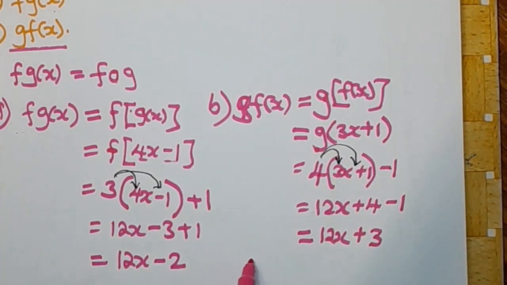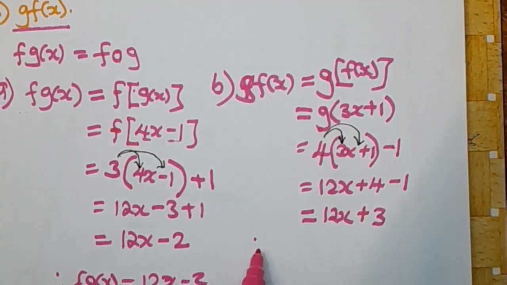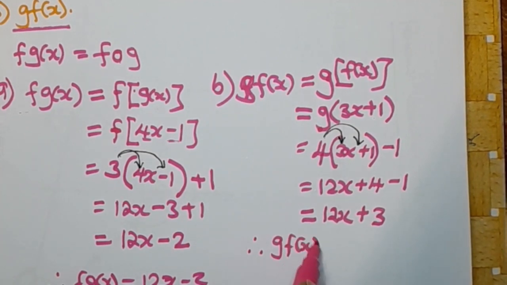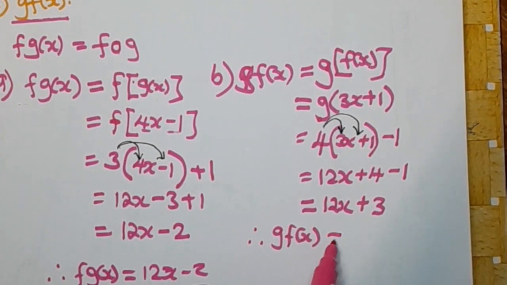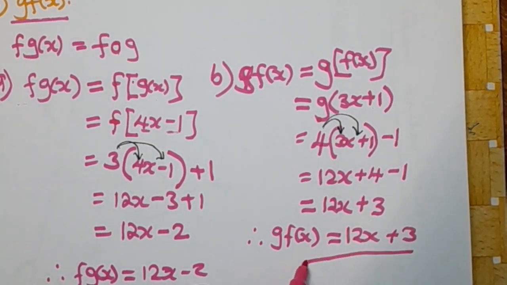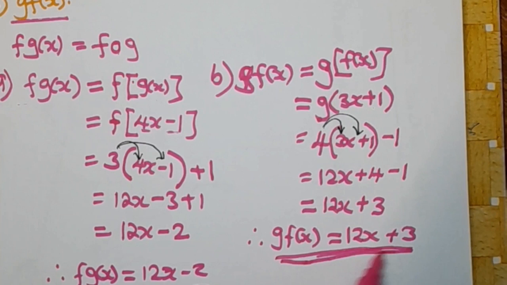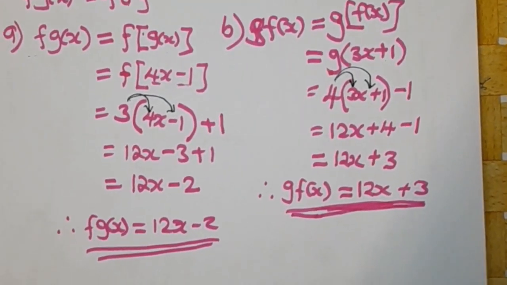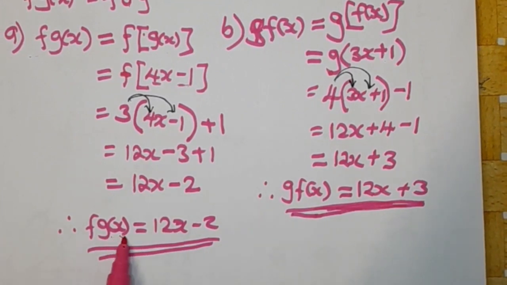So you conclude and say, therefore, the composition of g of f of x is equal to 12x plus 3. So this is the composition of g of f of x. Now, when you compare the two, f of g of x and g of f of x are not the same.